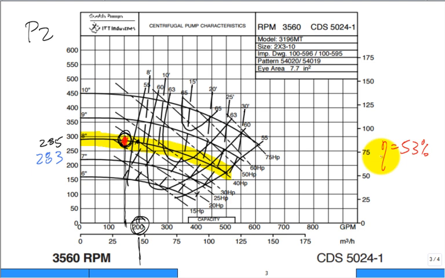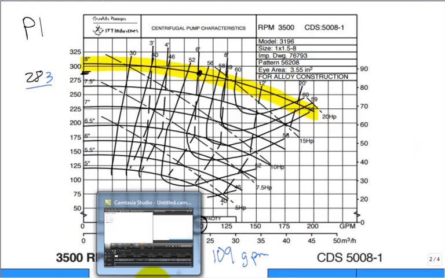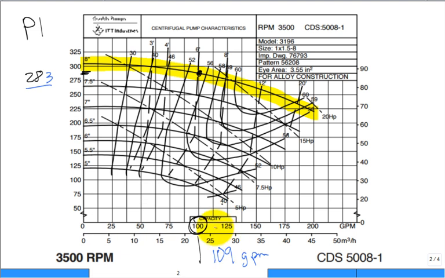I should have done that because we're going to need it. Let's go back to this pump. This was 110. That's kind of in this vicinity, right? It's right around here. What's the efficiency for this pump when it's running? 57, 56. I'd pick 56 and a half, 57, somewhere in there, right?